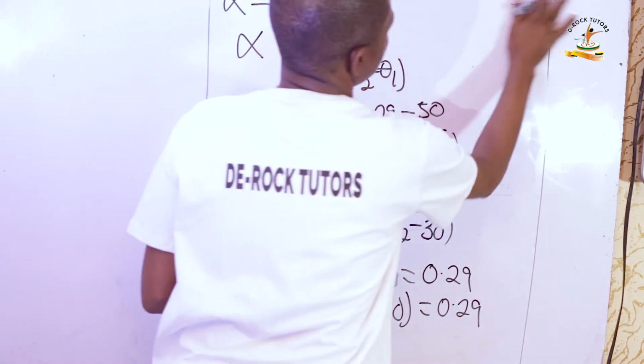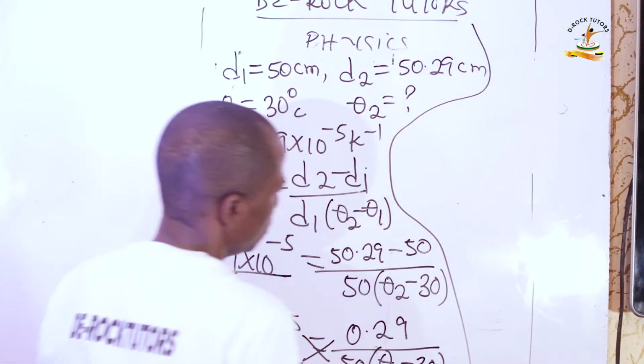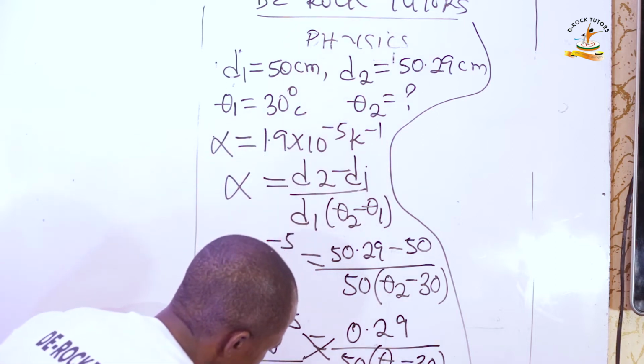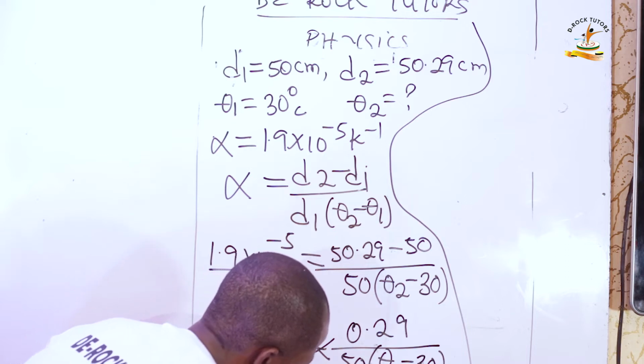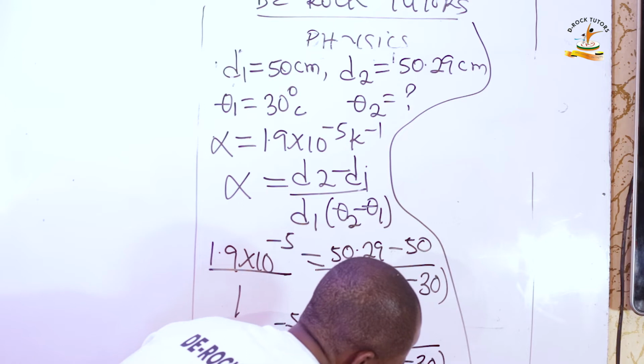If you continue here, because of the limited space that we have, we divide both sides by 0.00095.